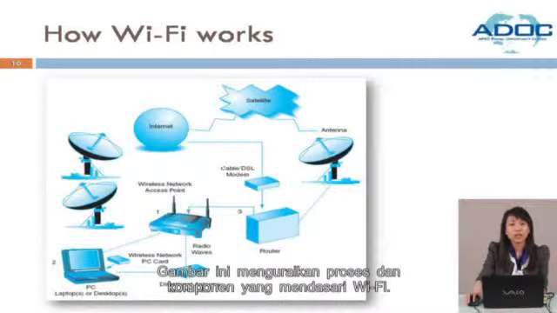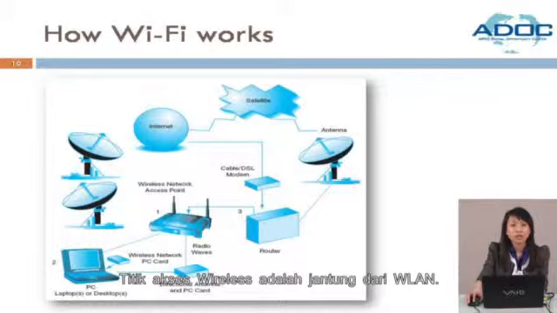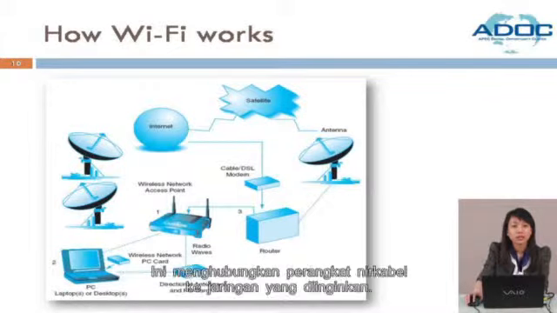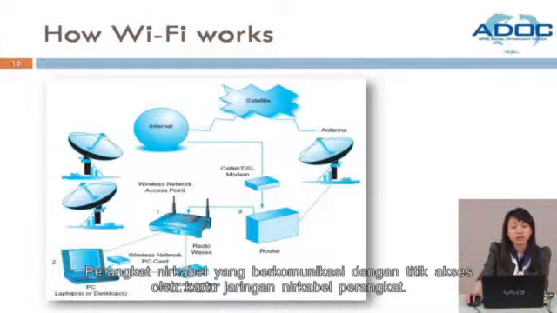This picture outlines the process and the components underlying Wi-Fi. The wireless access point is the heart of wireless LAN. It connects wireless devices to the desired network. The wireless devices communicate with the access point by a wireless network card of the device.